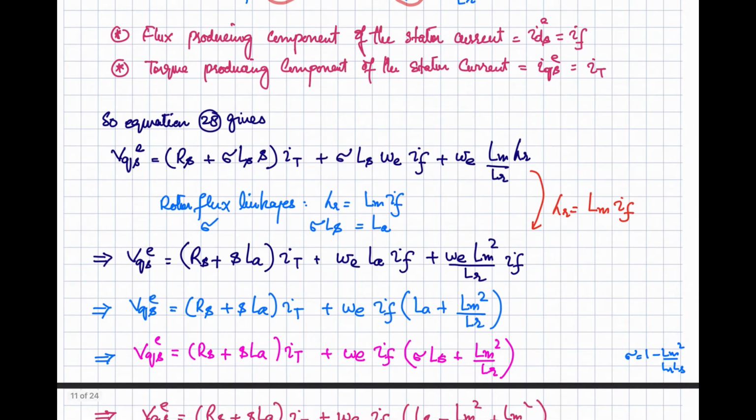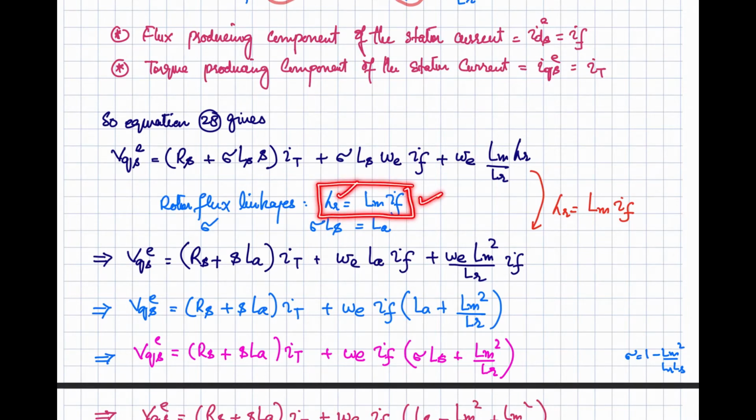So updated equations can be written like that. These are simply the equations in which we have replaced IQS with IT and IDS with IF, so that we can easily understand and visualize them in terms of the torque and the field components. Okay, over here we are going to see one more thing, that the rotor flux linkage lambda r is equal to the product of the inductance and the current.